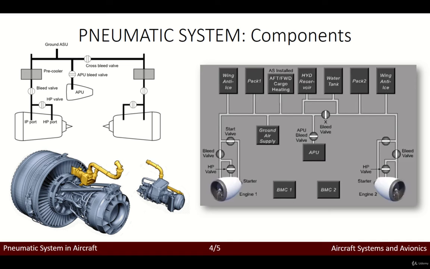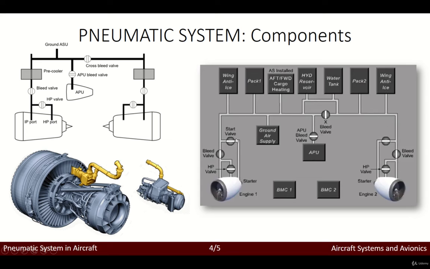In addition, we also have two bleed monitoring computers, BMC1 and BMC2, one for each of the engines, which control and monitor the pneumatic system. They are partially redundant, so in the event of a failed BMC, the other BMC can take over most of its functions. Sensors in the vicinity of the hot air ducts detect leakage.